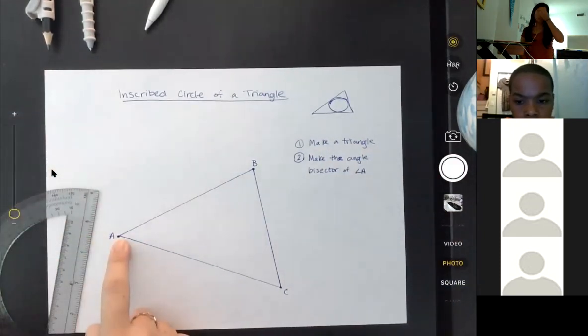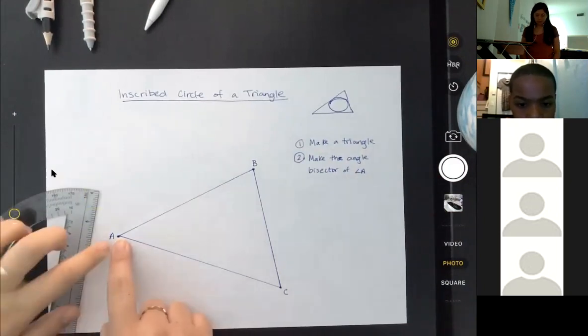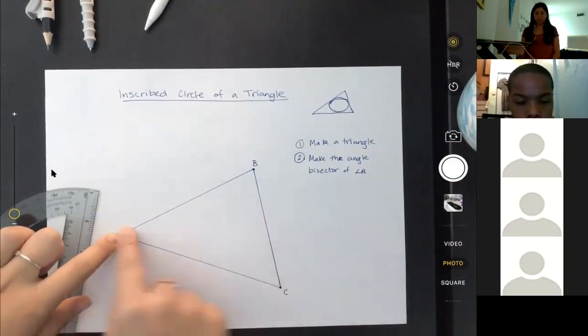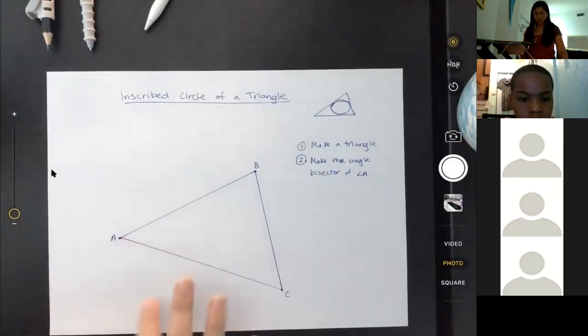So what is that going to do? That angle bisector is gonna cut it in half. Right. I'm going to make a line that goes all the way across, and it's going to cut that angle in half. So here's how we do that.